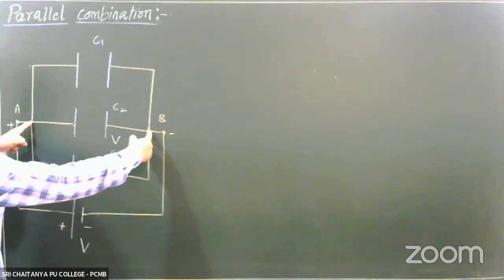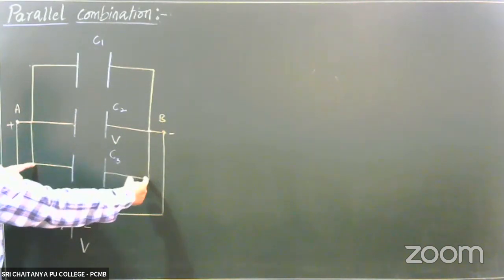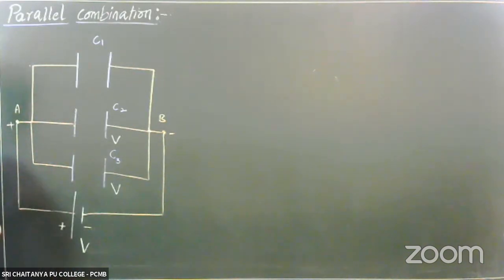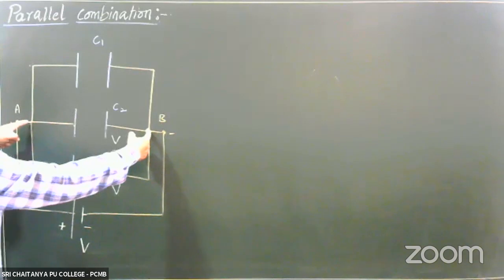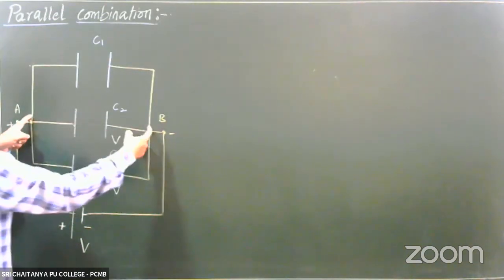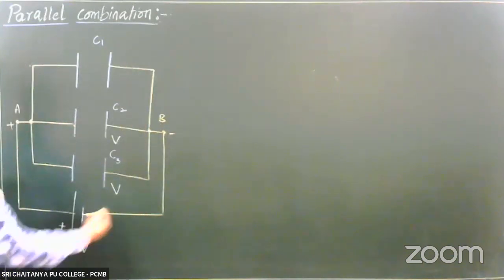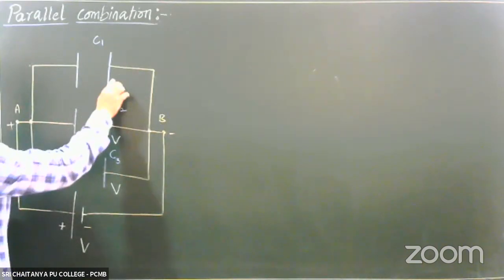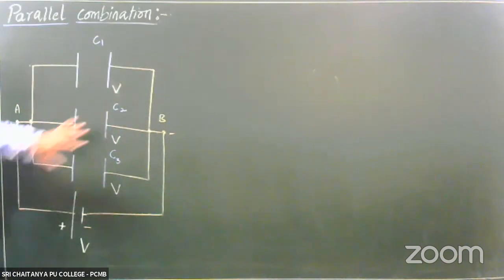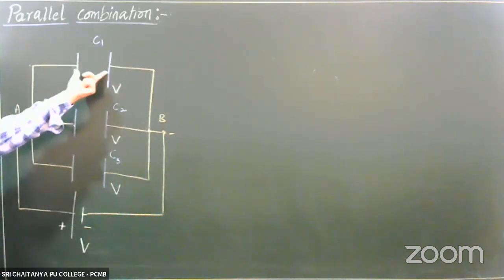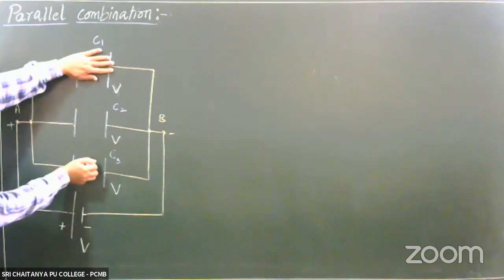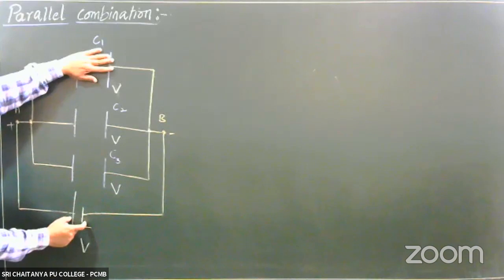This is a common point. These are common points, so across this capacitor also potential V. Same common points for this capacitor also, so here also potential is V. Because if you just close these two, this capacitor is connected to the battery.